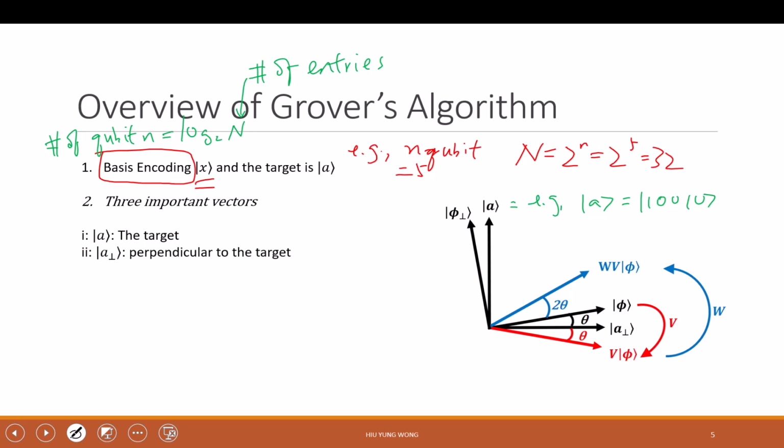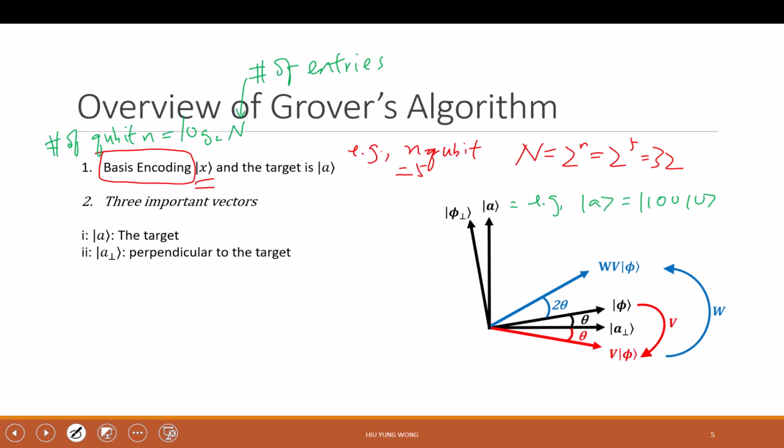But then after that, we also introduce another vector called A perpendicular. Can you guess what it means? What does it mean for A perpendicular? The bracket equals 0, very good. Inner product equals 0, right?